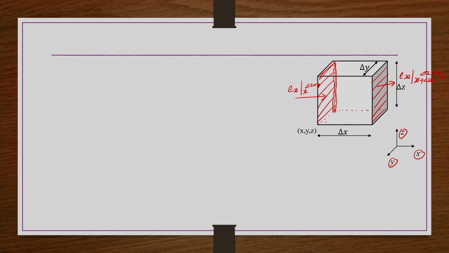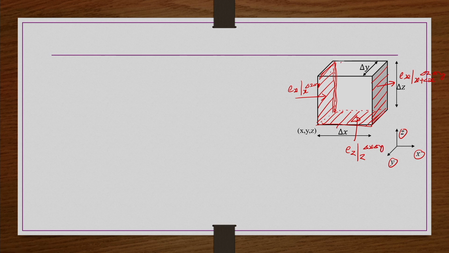Likewise, in the z direction, the energy entering at z is E z at z multiplied by the area of the face through which it is entering, that is delta x multiplied by delta y.